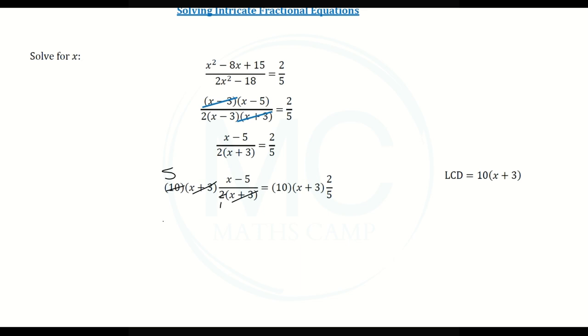So on the left-hand side, we're going to have 5, open bracket, x minus 5. Put in our equal sign. On the right-hand side, we have 5 divided by 5 is 1. 10 divided by 5 is 2. Now we have 2 multiplied by 2, which is 4, multiplied by the bracket x plus 3.